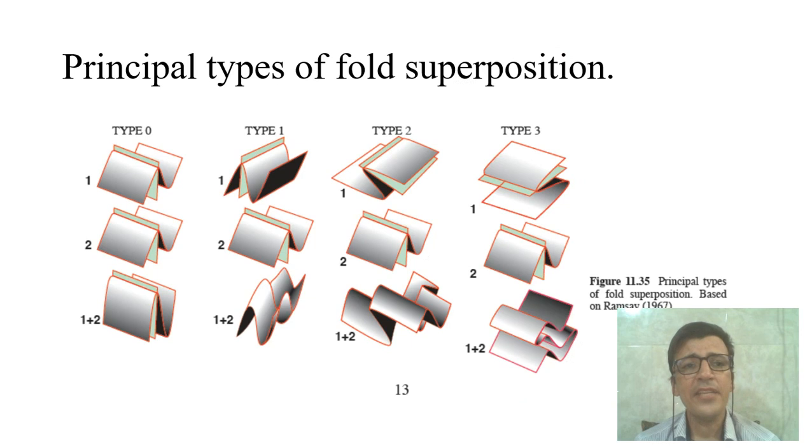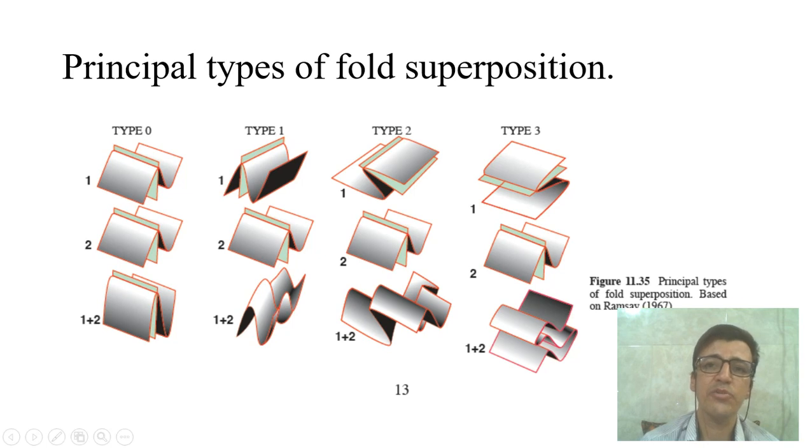And what about the principal types of the fault? Superposition. What is superposition? In superposition, two faults are combined together. For example, in type 0, we have this fault.